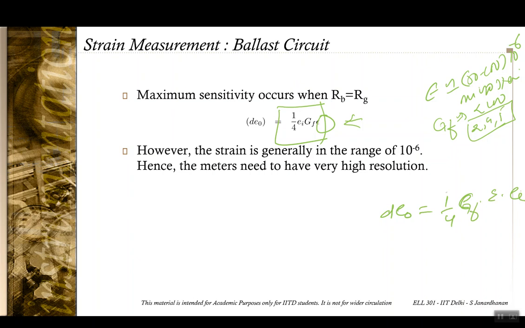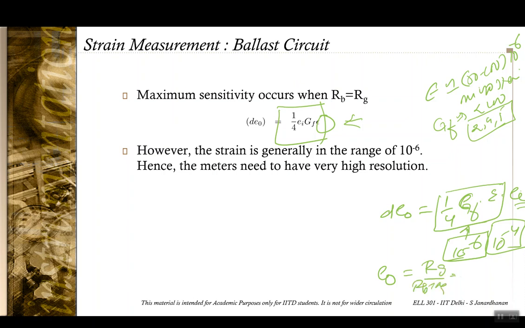So the change in the output is going to be of the order of 10 raised to minus 6 times Ei, a few times 10 raised to minus 6 Ei. So maybe let us say it is 10 raised to minus 4 times Ei. On top of that, you see what is the unstrained output. The unstrained output is Rg by Rb plus Rg. When they are equal, this is going to be half times Ei.